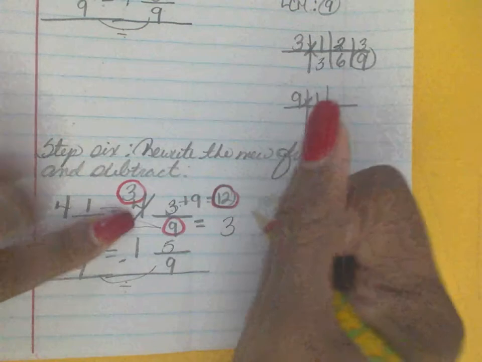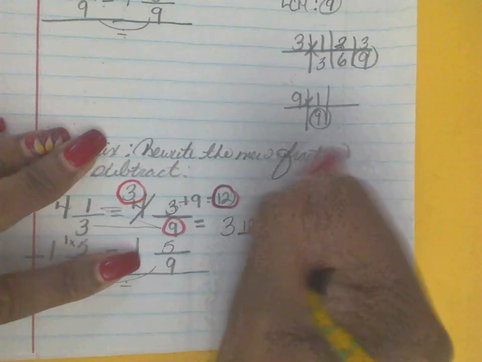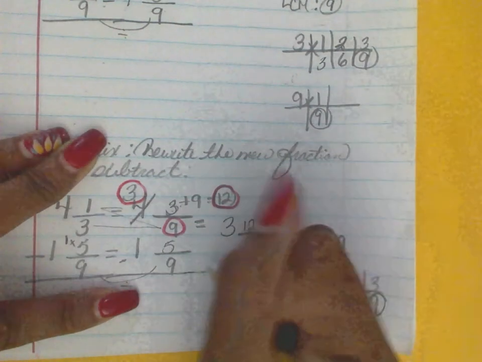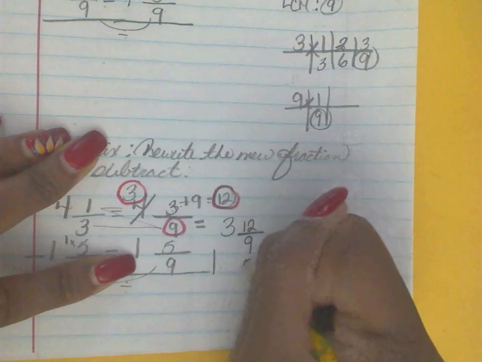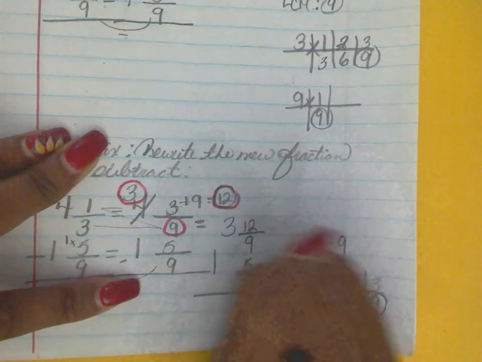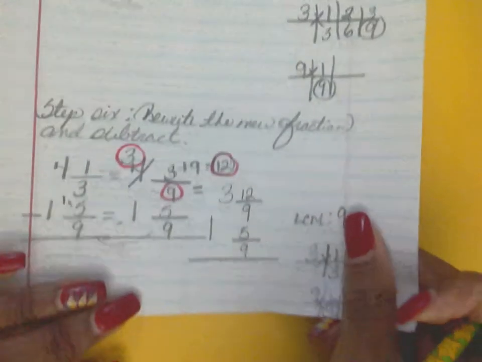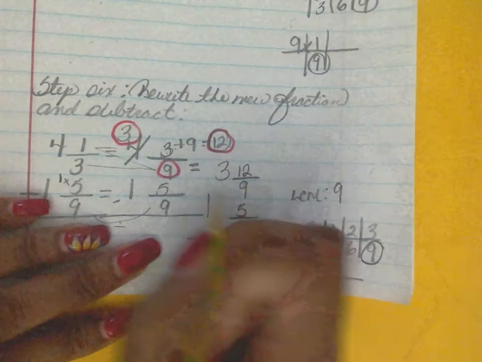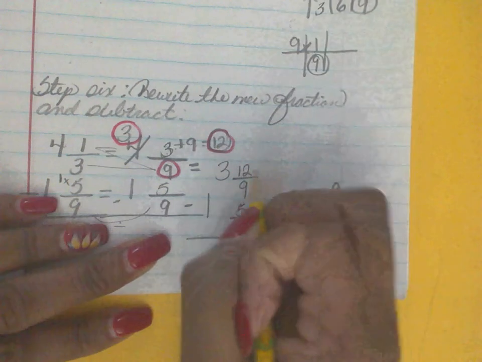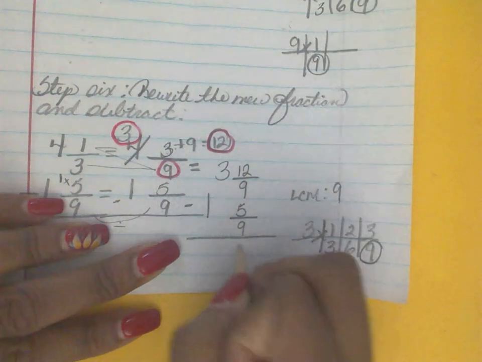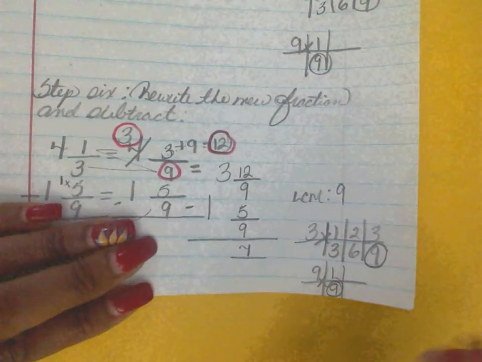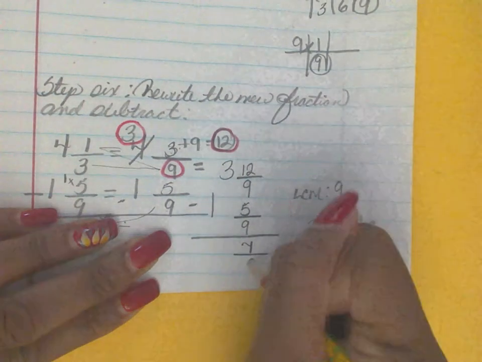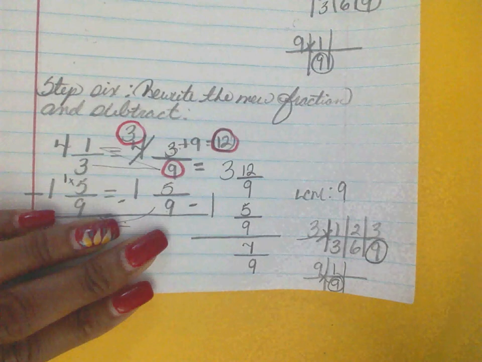My denominator is 9. Then I'm going to bring over my next fraction, 1, 5, and 9. And I will now subtract. Now I have enough to subtract. So now 12 subtract 5 is 7. 9 is my denominator. And 3 subtract 1 is 2.